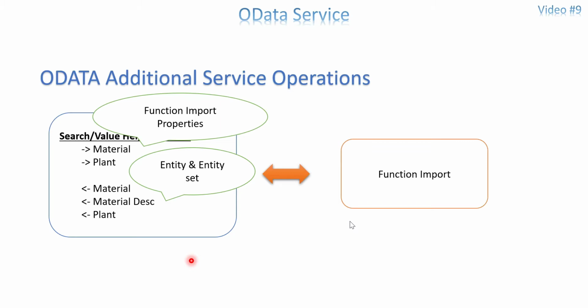So you have to create an entity type and entity set for every function import. Any order is fine, either the entity type and set first, or the function import first. But once you activate it, make sure your function import, entity type and entity set are mapped together, otherwise you'll get a syntax error.